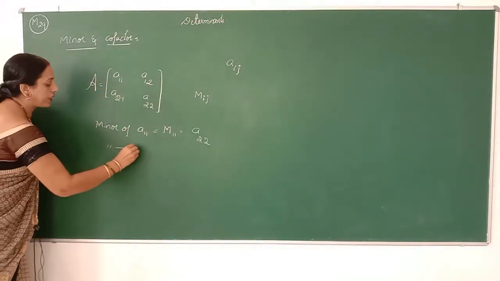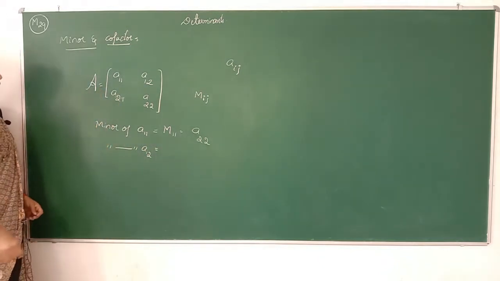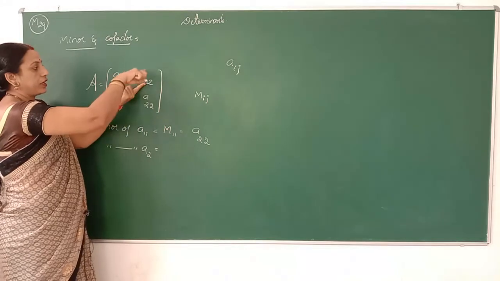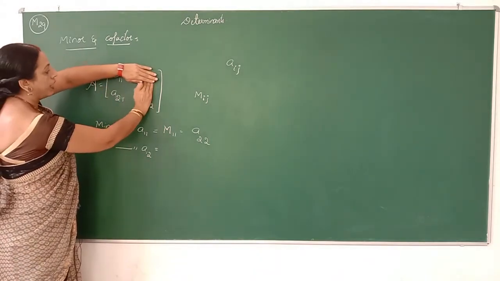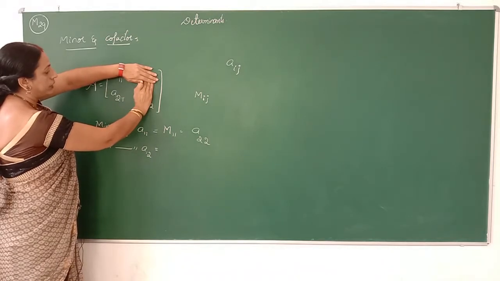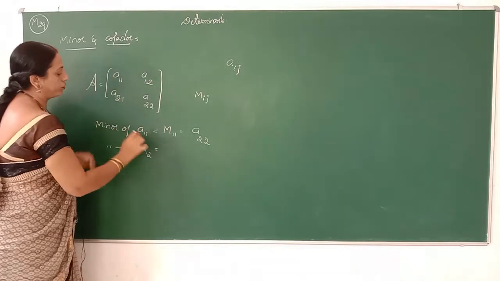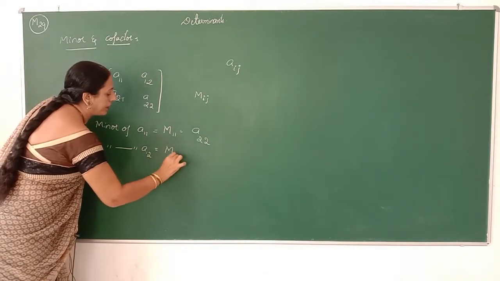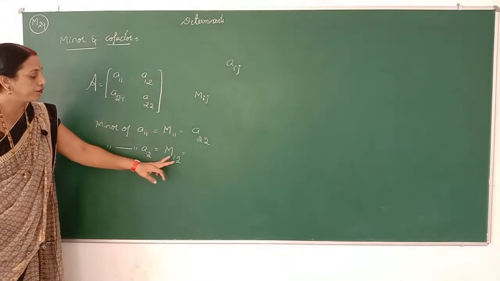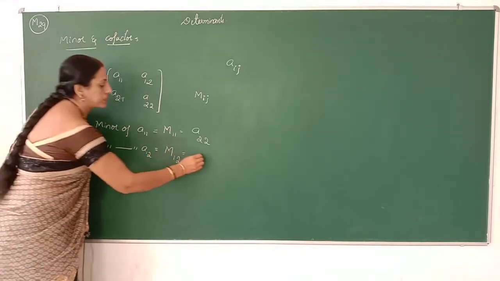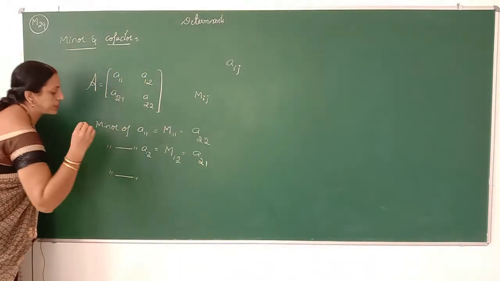Similarly, the minor of A12. A12 is an element of the first row, second column. These are neglected and the remaining element is nothing but A21, denoted by M12. So M12, the minor of first row, second column, is A21. Now we come to the second row.